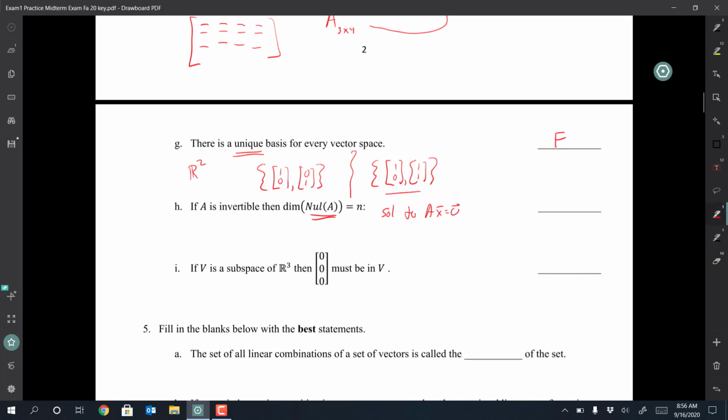Okay? So the dimension of the null space is equal to the number of free variables, in other words, the number of columns with no pivots.